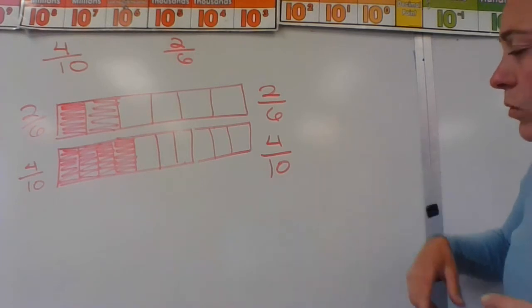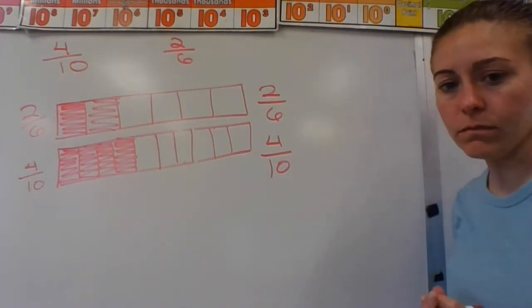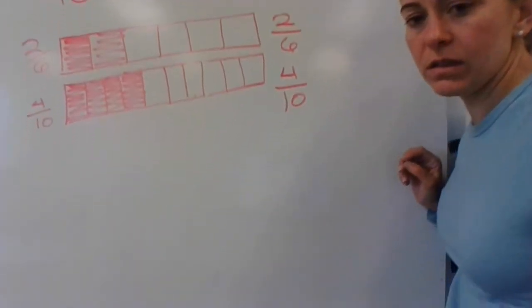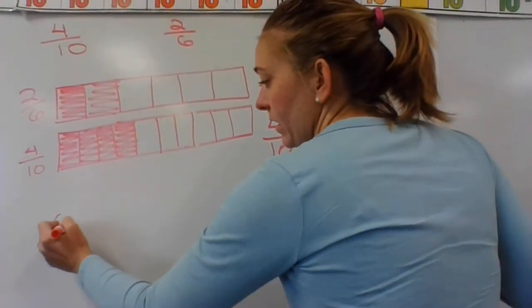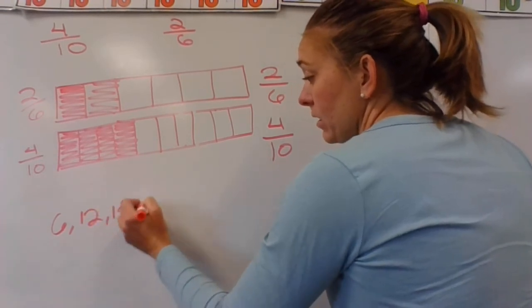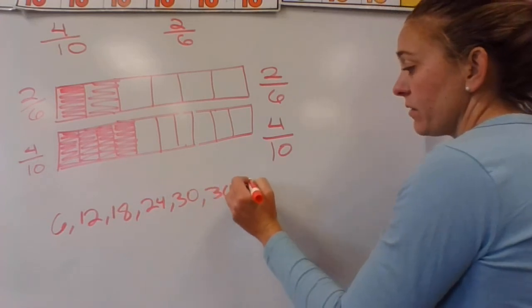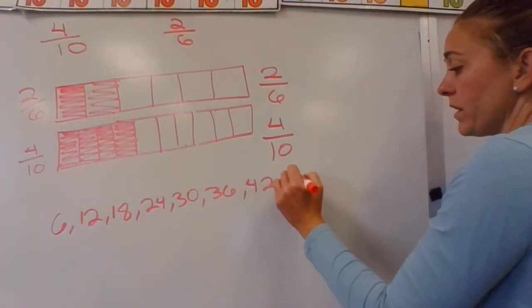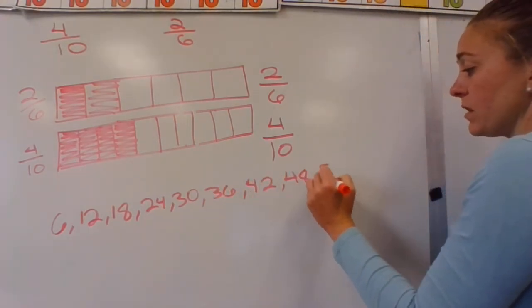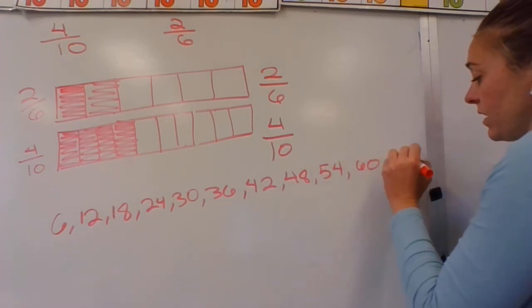And I'm thinking, okay, what's a common number that both 6 and 10 can go into? Well, if I start with 6, I think, okay, let's see here, 6, 12, 18, 24, 30, 36, 42, 48, 54, 60, 66, and we're gonna have space.